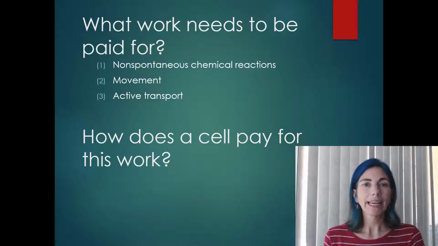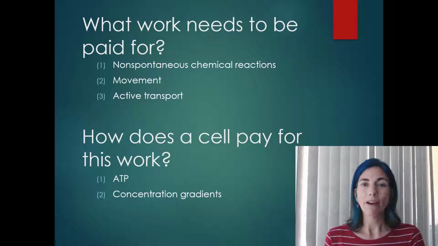Most often, chemical energy is used to pay for work. And although chemical energy could be in a variety of different molecules, the molecule that the cell has adopted as its energy currency is going to be ATP. So ATP is a type of nucleic acid that has 3 phosphate groups attached to it, and each phosphate group is negatively charged.